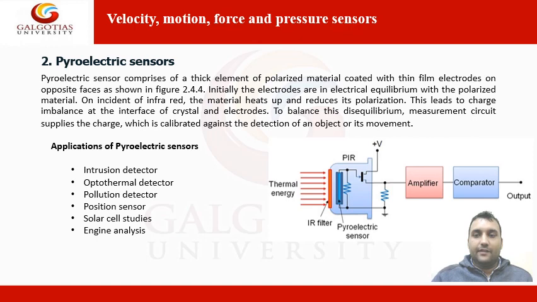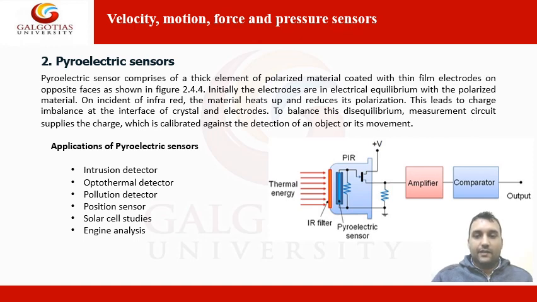To balance this equilibrium, the measurement circuit supplies the charge, which is calibrated against the detection of the object or its movement. The applications of pyroelectric sensors are intrusion detection, optothermal detectors, pollution detectors, position sensors, solar cell studies and engine analysis.